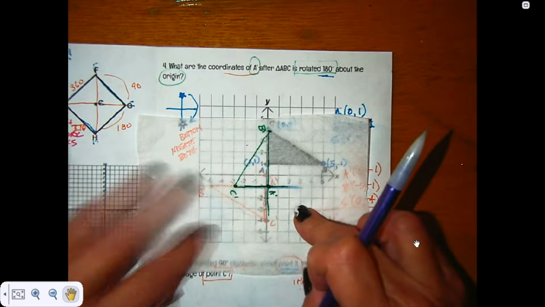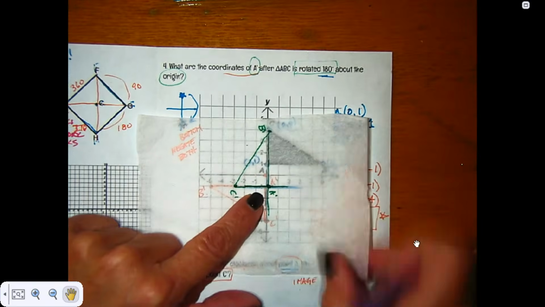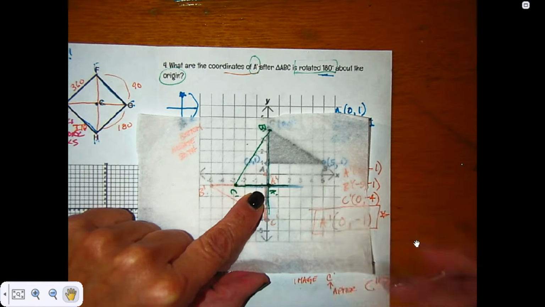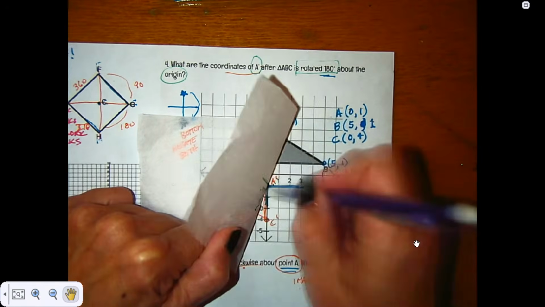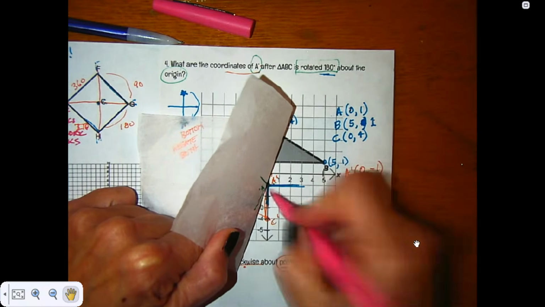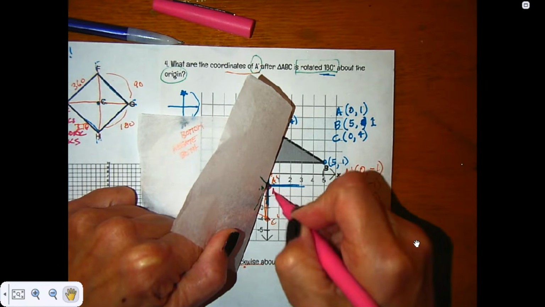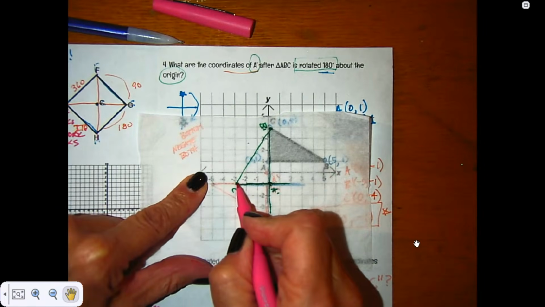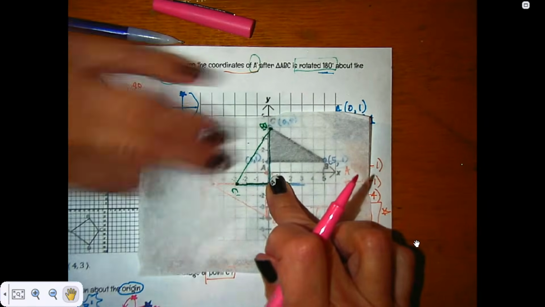And I'm just going to cheat and use my paper. So my A double prime is going to stay in the same spot. I'm going to get pink now. This is going to be my A double prime, staying in the same spot. My C prime is coming over here. So I'm going to go under my paper.